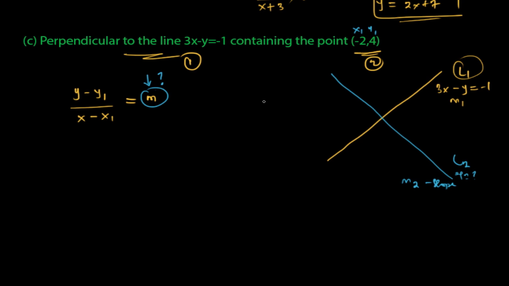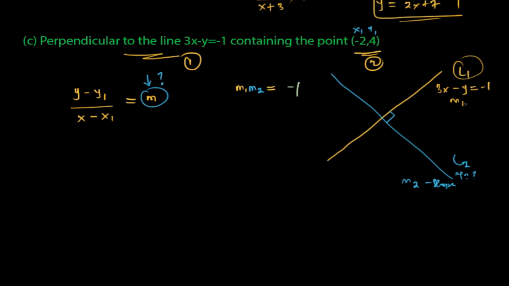According to some of the videos I've done so far, and if you don't understand this very well, maybe you should check one of them, whenever two lines are perpendicular to each other, the product of their slopes must be -1. That is, m1 times m2 must give you -1.